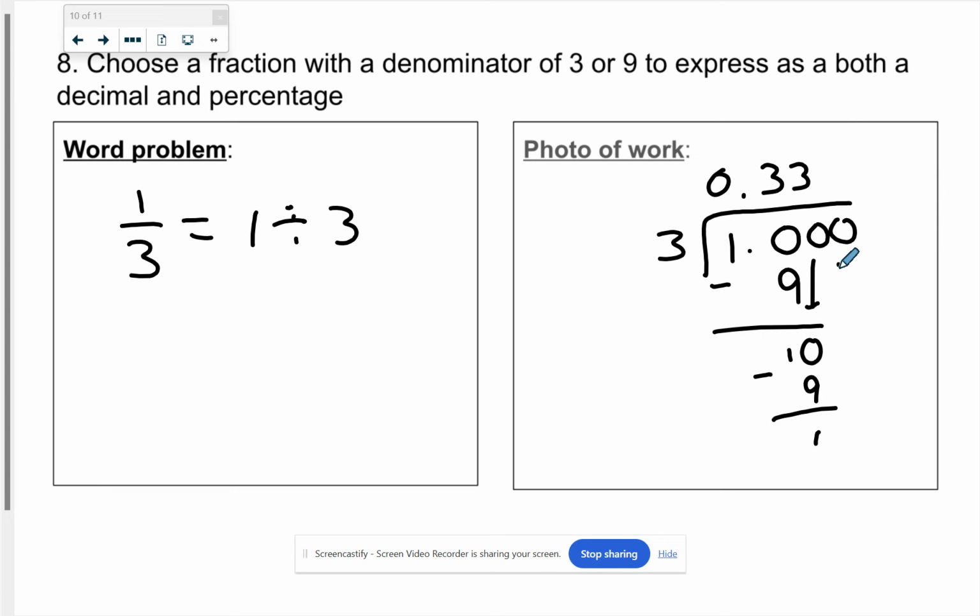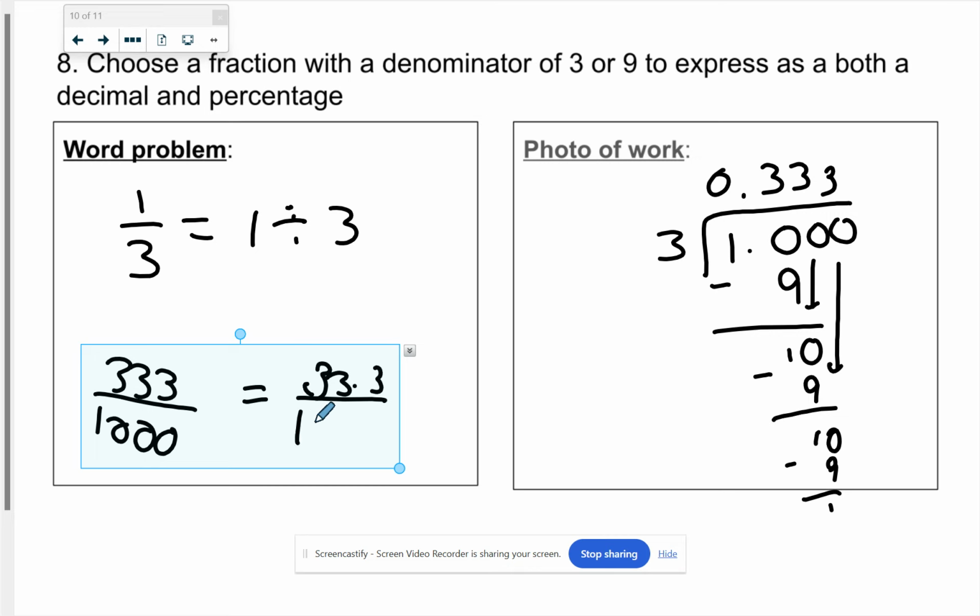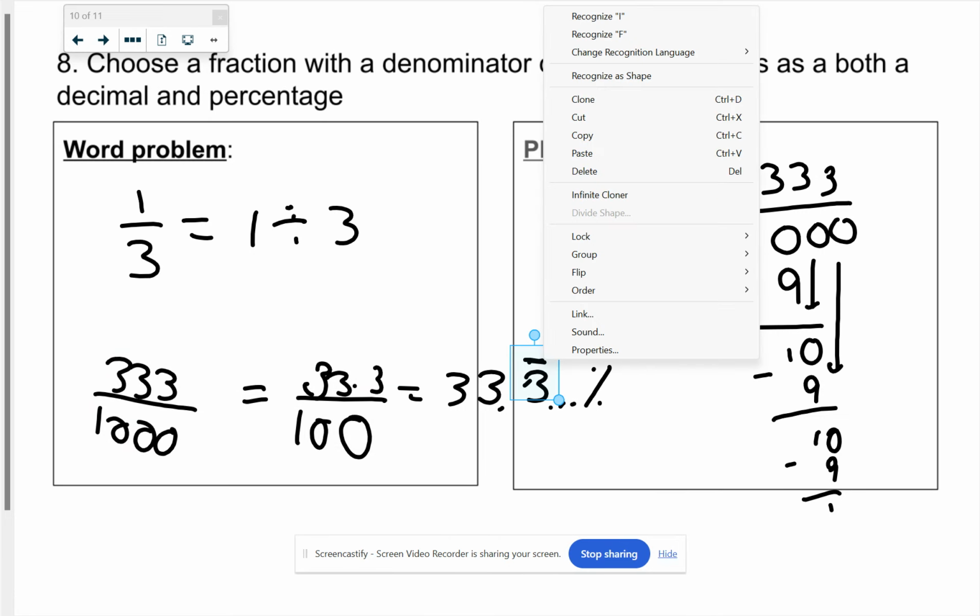Subtract, you get 1. Bring down a 0. As you can see, this pattern is going to keep repeating. So we're going to stop there. We can call this about 333 thousandths, which would be 33.3-ish hundredths, which is 33.3%. I put a few dots after just to signal that it keeps going. Also remember, you can put the line over the 3 to show that it repeats.